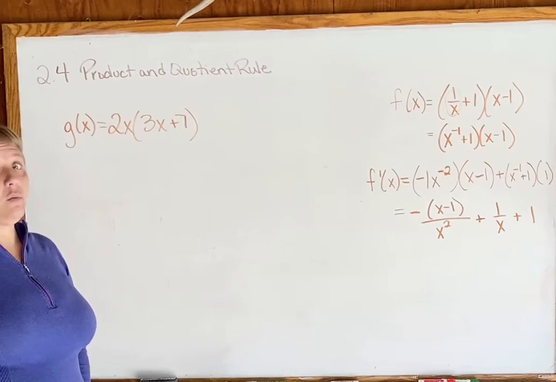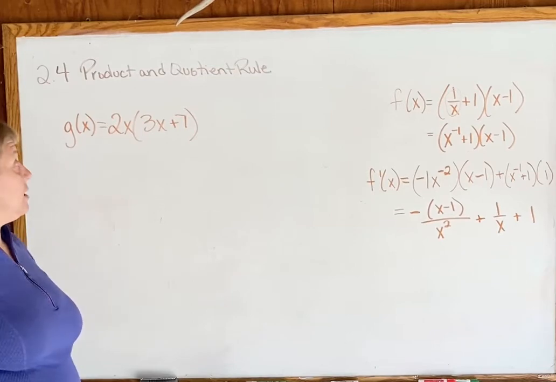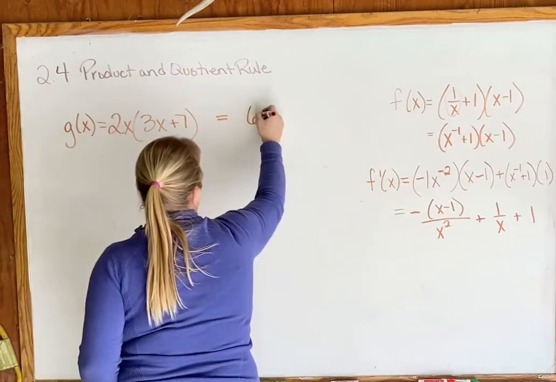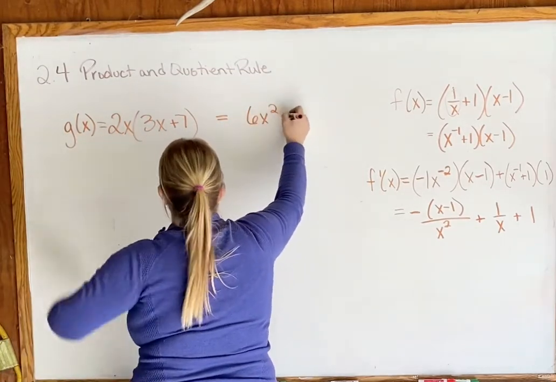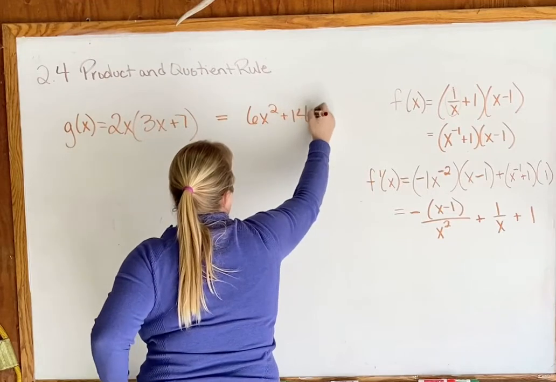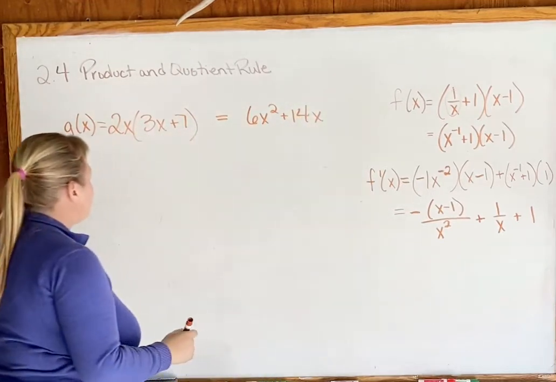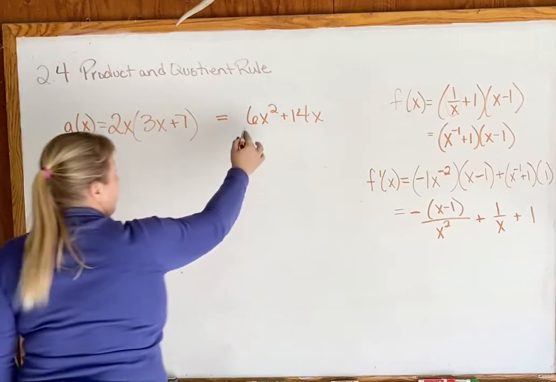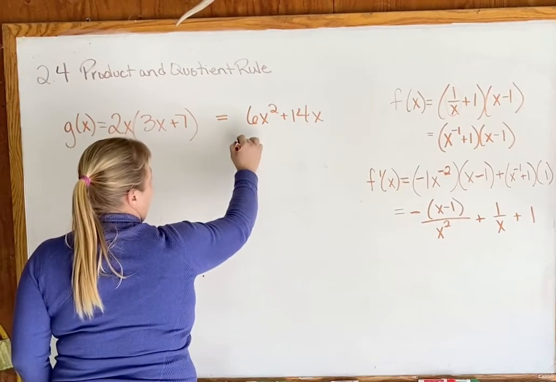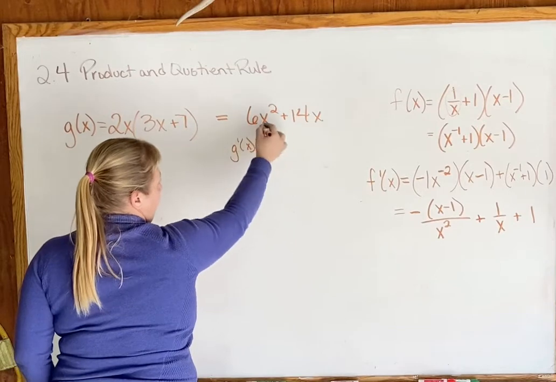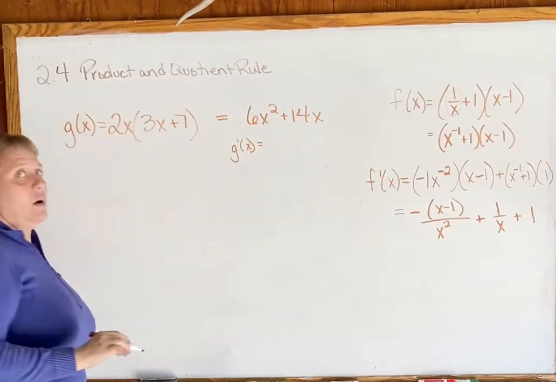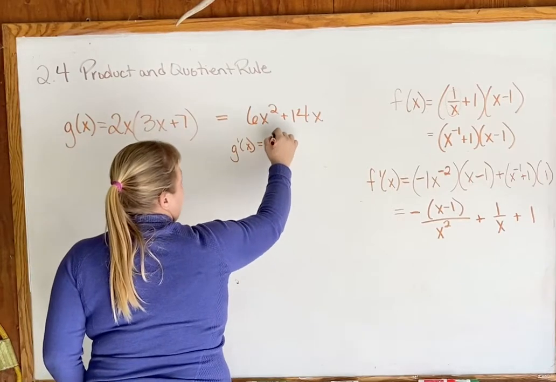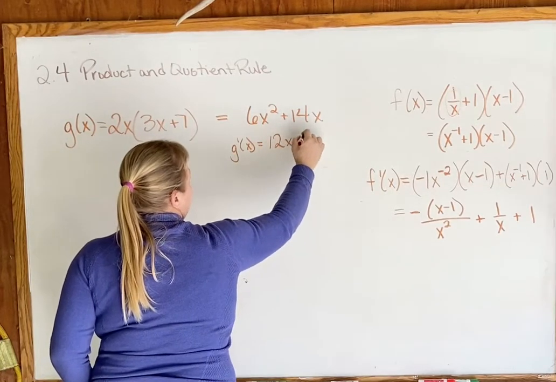Or would you maybe do something else first? So could we rewrite this guy right off the bat as 6x squared plus 14x? Now, if we rewrite it real quickly here, if it's in this form, what's the derivative? So do we end up with 12x plus 14?